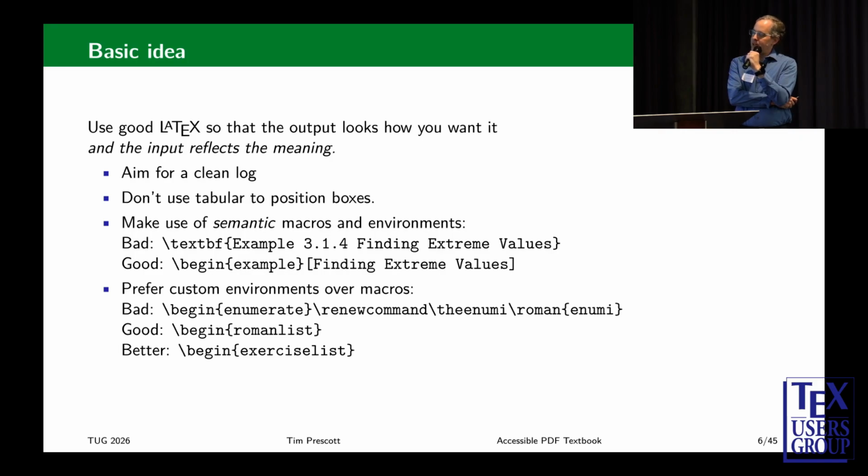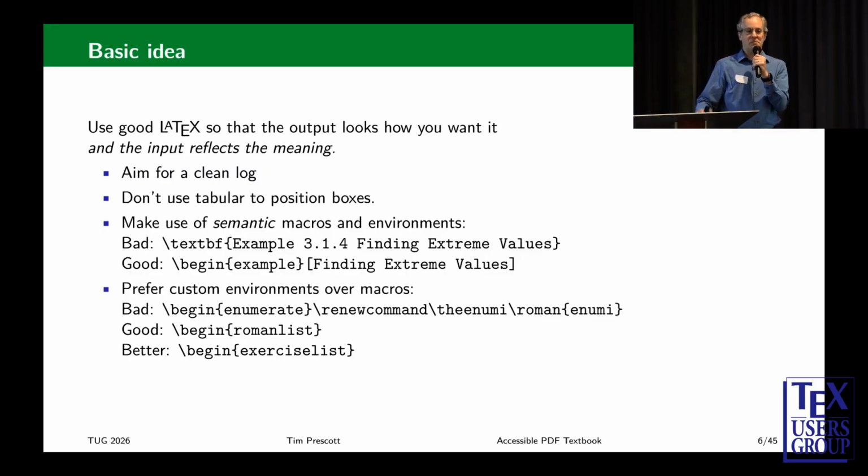The big thing that has really helped is that the calculus book really had a lot of semantic macros. So begin an example here, put a margin note here, and that makes it easier to read the code, makes it easier for the tagging code to read the code is essentially what it's doing.